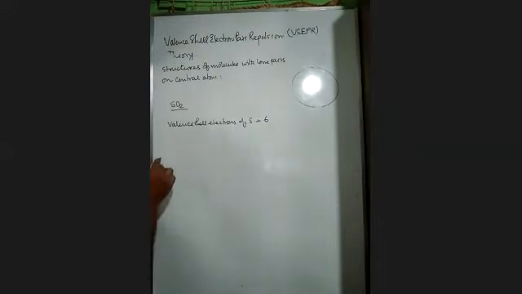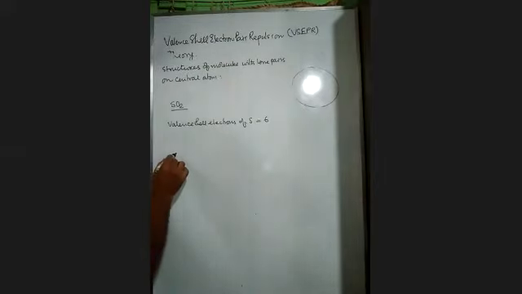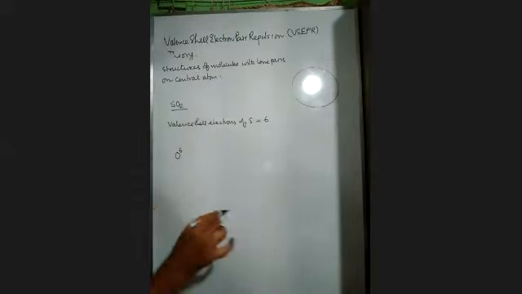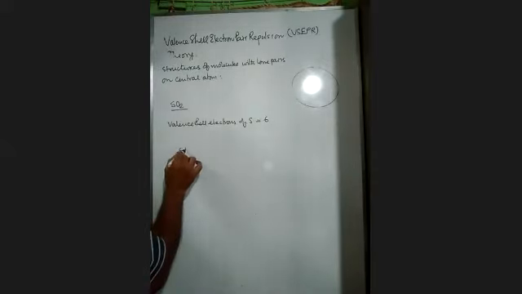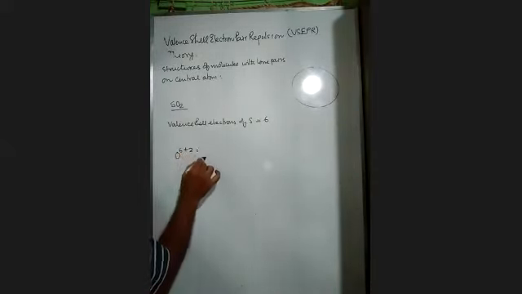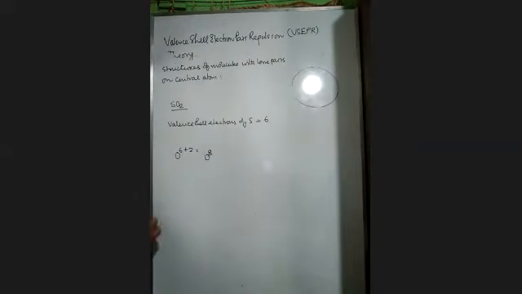See here. In case of oxygen, the number of valence shell electrons is 6. We know after formation of bond, always it becomes 8. How many electrons will it take? 2. Then it will become 8.